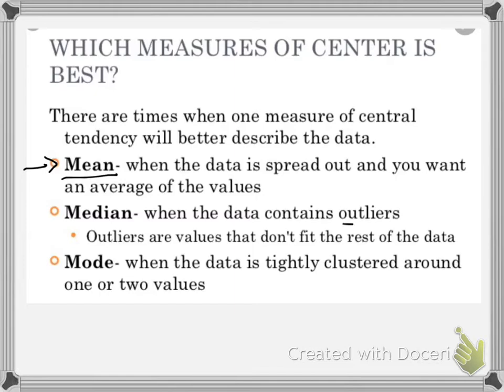However, when there is an outlier involved, typically we're going to choose the median, the middle value, because that's usually the middle of all of the values. And then the mode, sometimes we'll choose the mode, depends on if it shares with the median or if we have a big cluster of data that's around 1 or 2 values. So that way we would choose the mode.